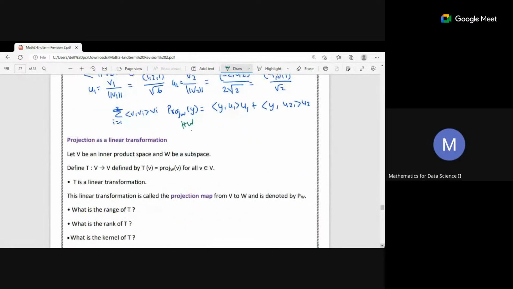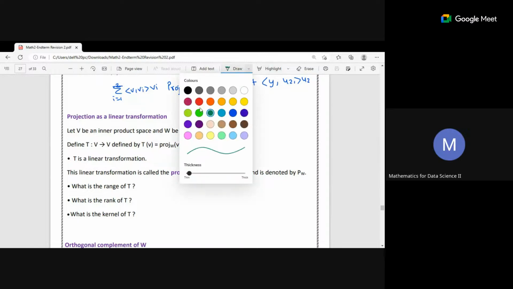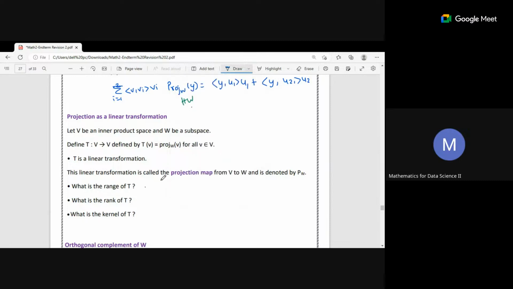Okay, projection as a linear transformation. You know that T from V to V can be defined using this projection. So this will give you a linear transformation. And what is the range of T? For a projection map, the range is always W. So what will be the rank?